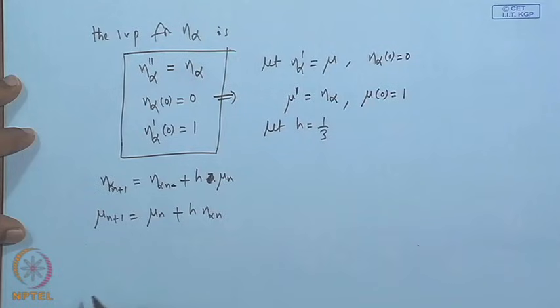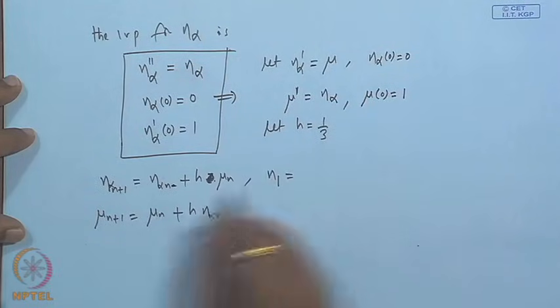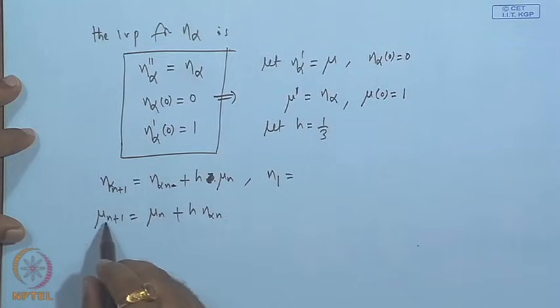So, from this let us solve eta 1. I am dropping alpha because of too many suffixes.